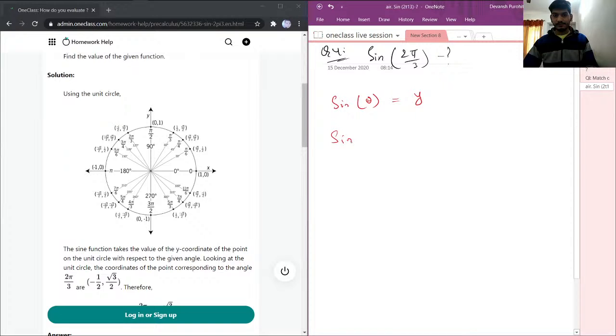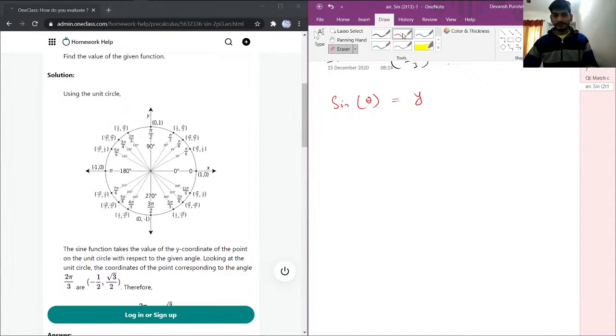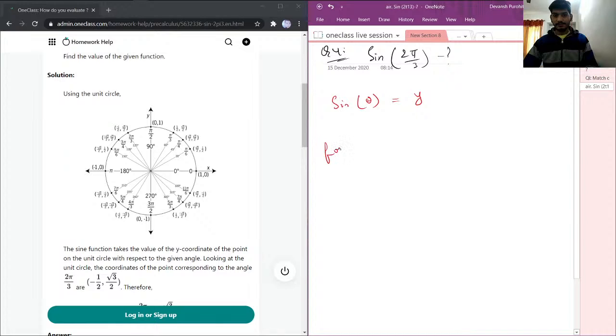For sine of 120 degrees or 2 pi by 3, the coordinates are negative 1 over 2, root 3 over 2.